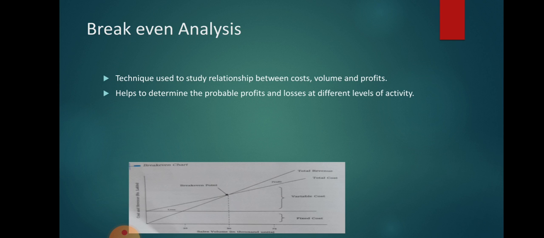It helps to determine the probable profits and losses at different levels of activity. What amount of sales, if you do, how much profit you are going to earn. If you sell 100 units, what is the profit for 100 units. If the sales are less than 100, then how much loss you are going to incur. So minimum sales of 100 is where it is going to cover your cost.